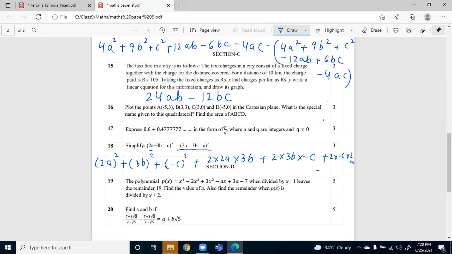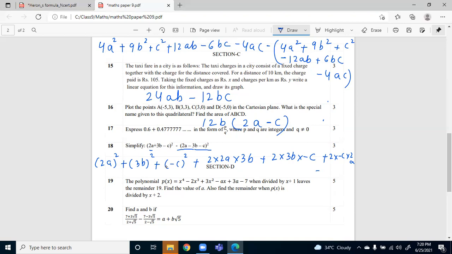So this is the final answer. Now from this also we will take common. We will take common 12b. So what remains in the first term? It is 2a minus c. So after all simplification, this should be the final answer. Okay, ma'am.